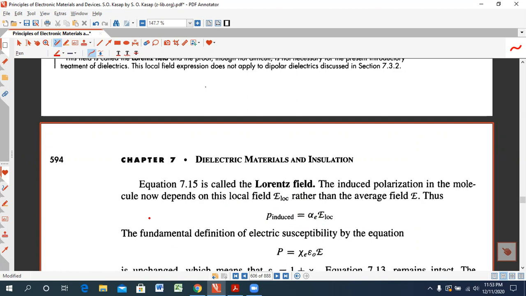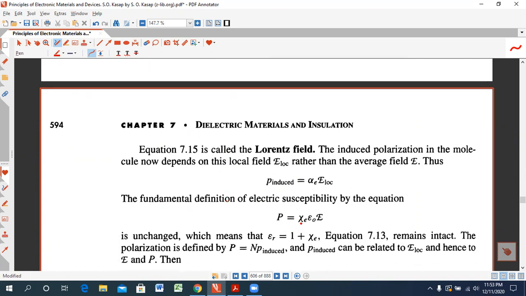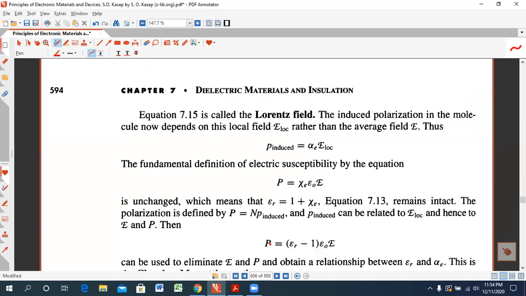And from the previous definitions, if you can remember, P equals chi epsilon naught E, and we know that epsilon r equals 1 plus chi, so we can also write chi equals epsilon r minus 1. If we put this value here, then we will find P equals epsilon r minus 1 into epsilon naught E.